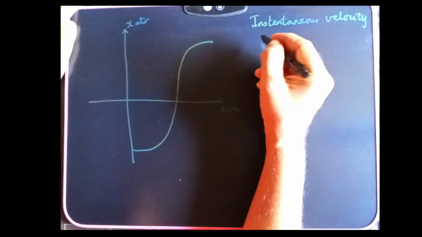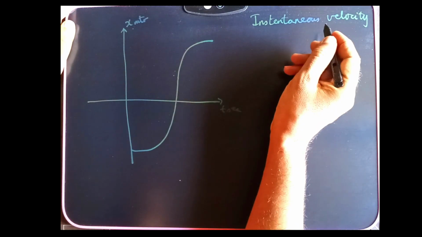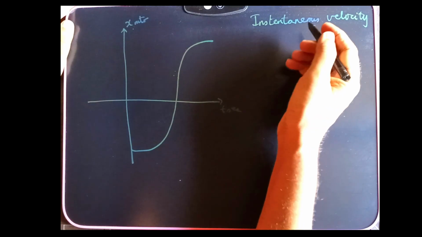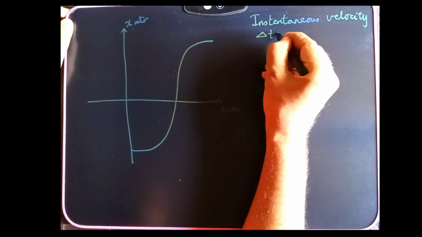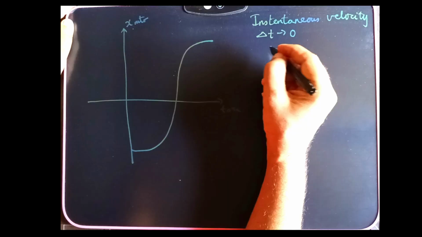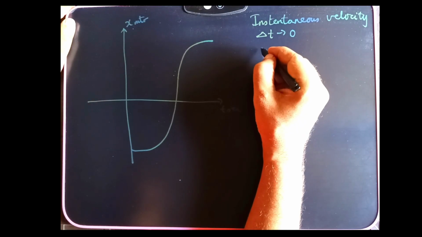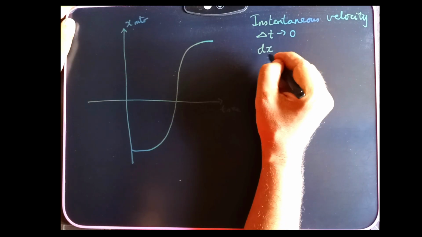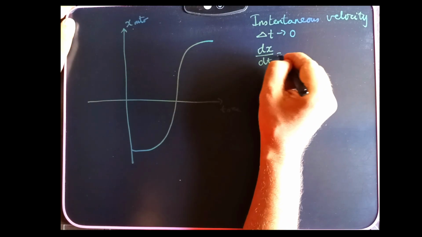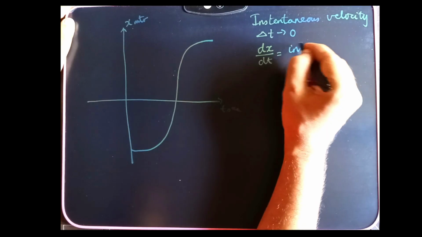We know that instantaneous velocity can be given if we shrink the time period, right? That means delta t is tending to 0. So this means that the first derivative of displacement with respect to time will give me instantaneous velocity.